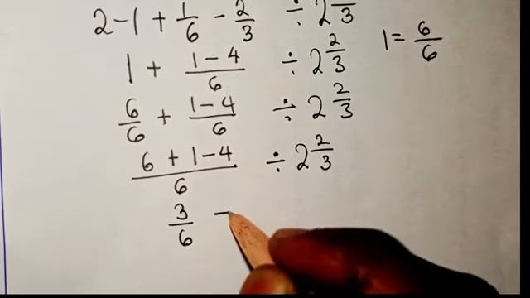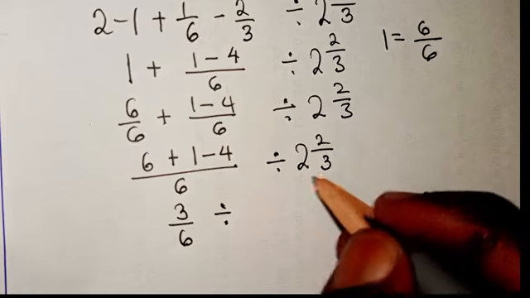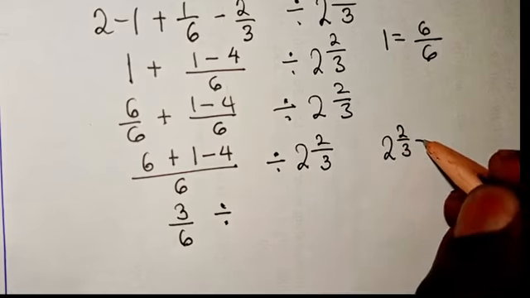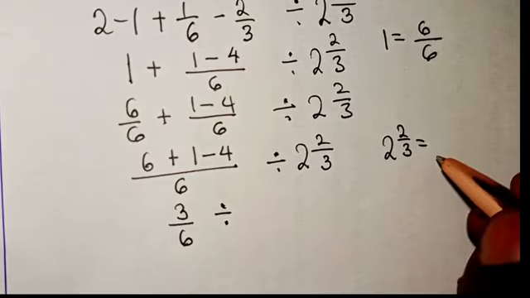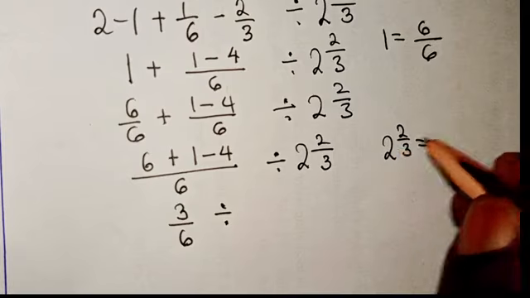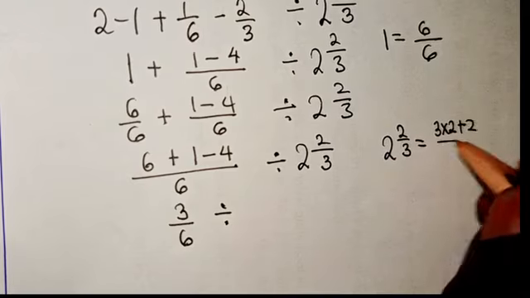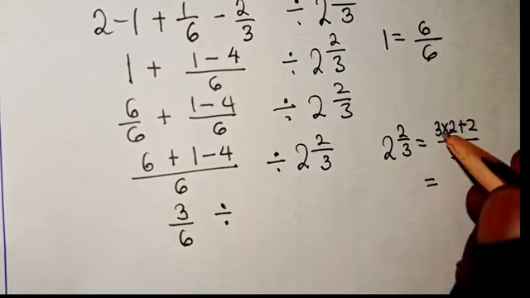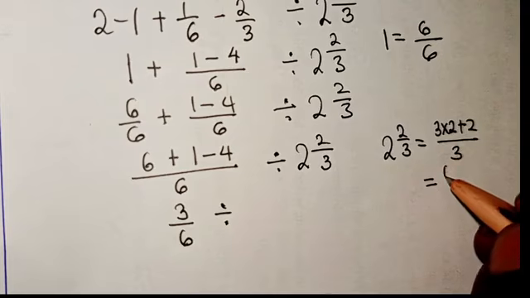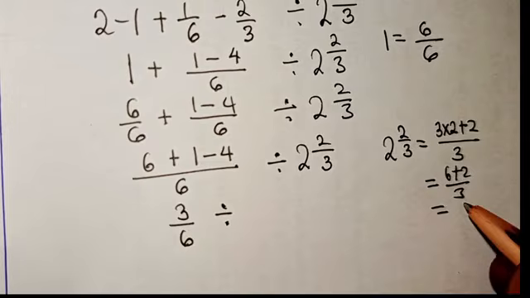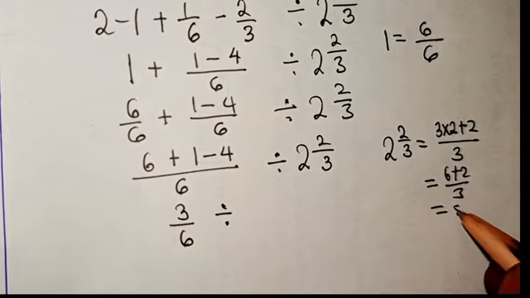Then divided by 2 over 3. Now we change this 2 over 3 to an improper fraction. 3 times 2, then plus 2, over 3. So 3 times 2 is 6, 6 plus 2 is 8 over 3.